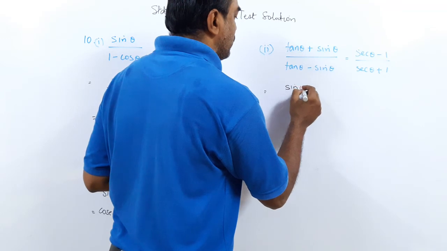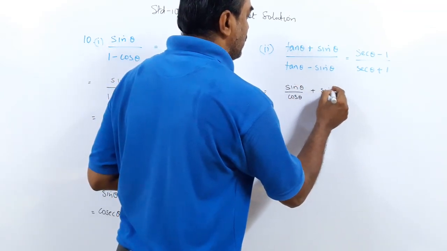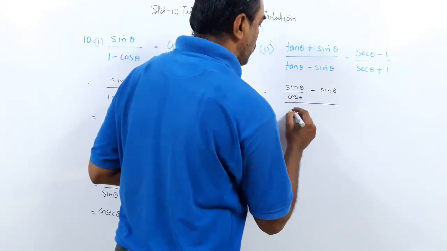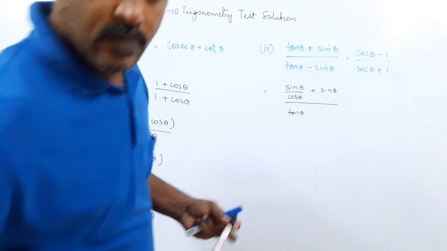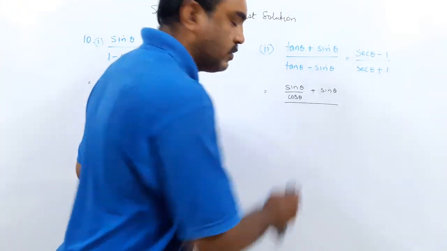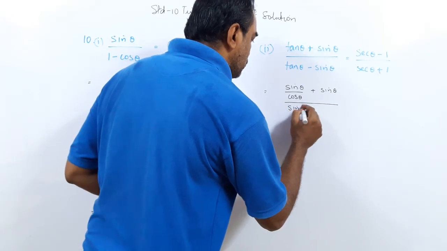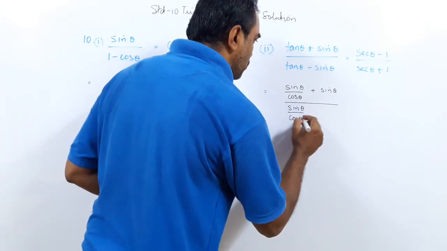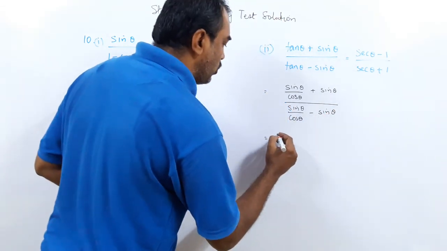Tan theta is sine theta upon cos theta. We will write sine theta upon cos theta plus sin theta, and minus sin theta below. If you take the LCM, what do you get?